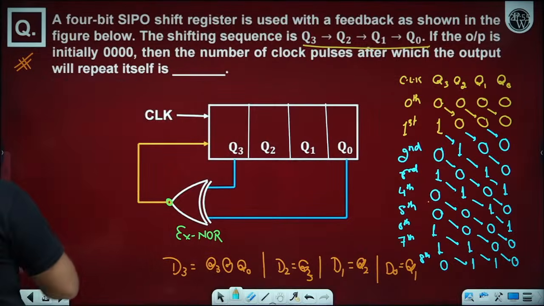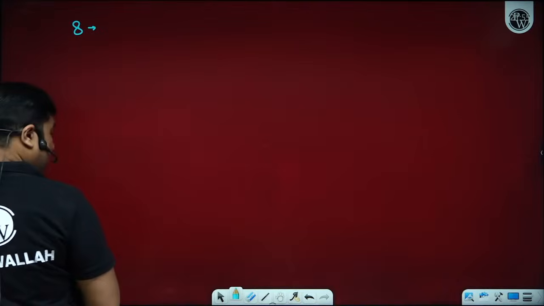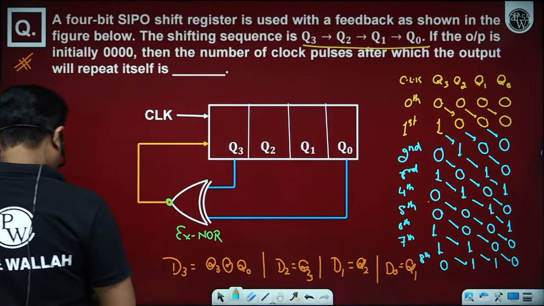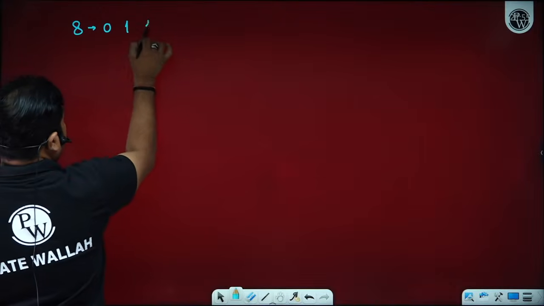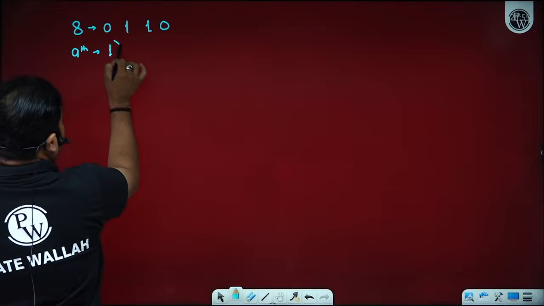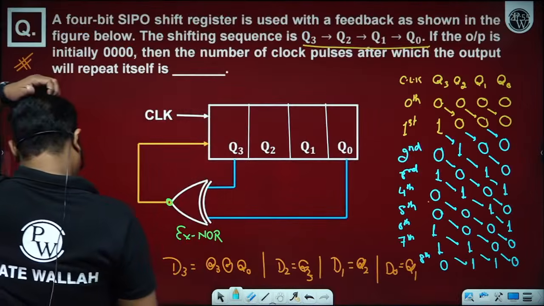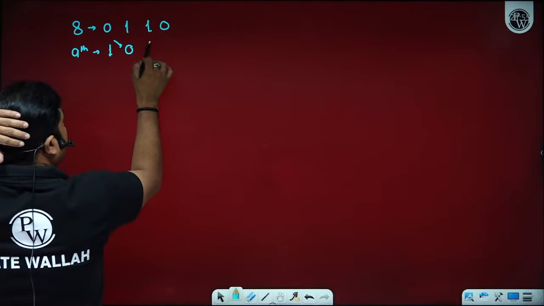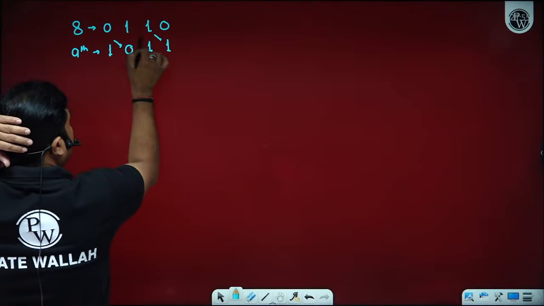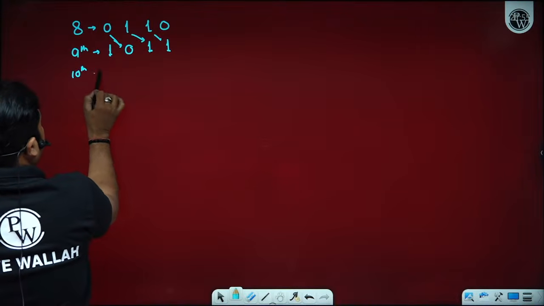What happens on the 9th clock pulse? On the 8th clock pulse we are getting 0, 1, 1, 0. On the 9th clock pulse, what do we get? 1, 0, 1, 1. Okay. Yes, sir. On the 10th clock pulse, what do we get?